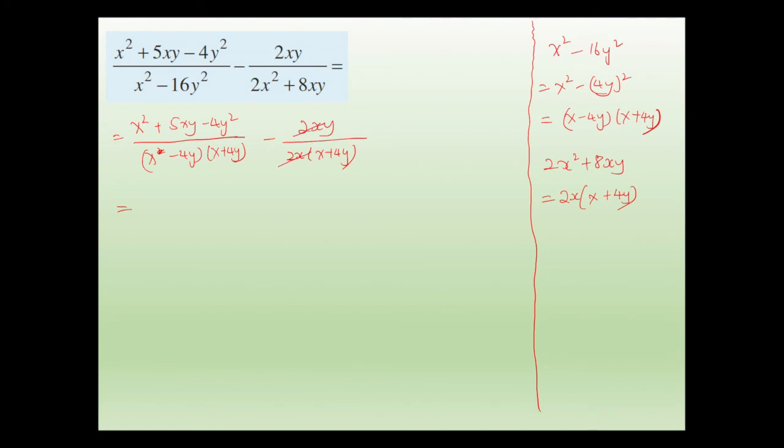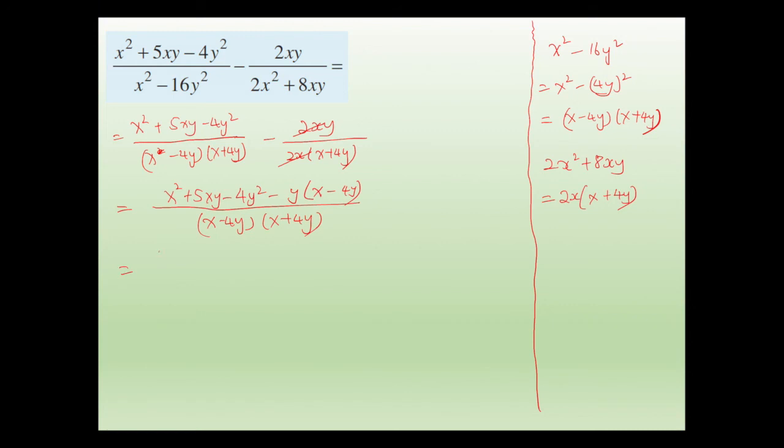Now we know that in order to have the lowest common denominator, we need to multiply the second term by (x minus 4y) over (x minus 4y). Therefore, rewriting everything straight away, over (x minus 4y)(x plus 4y), we now have x squared plus 5xy minus 4y squared, minus y times (x minus 4y).